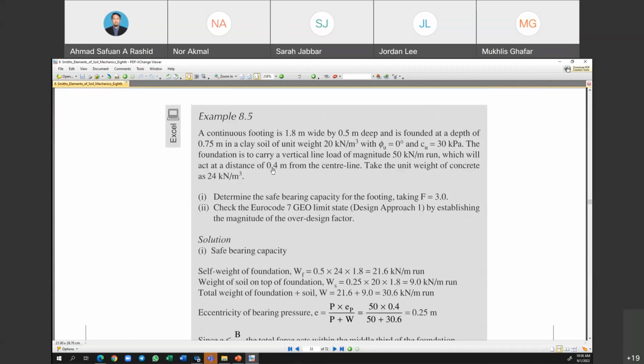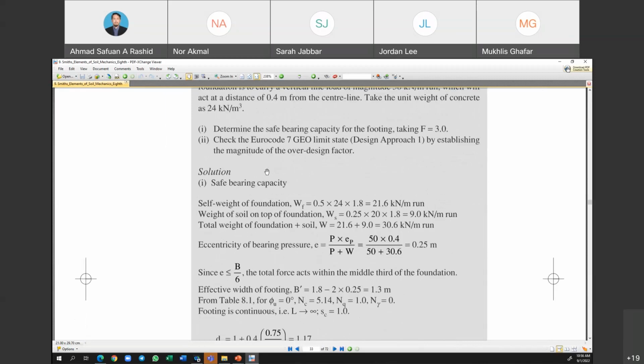Because it has eccentricity, we need to get the e value, because we want to calculate the new B prime. To get the e value, we need to determine what is the P and also the W.